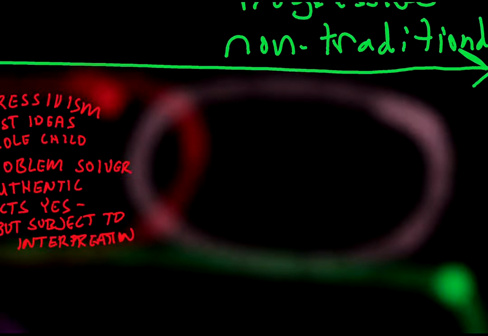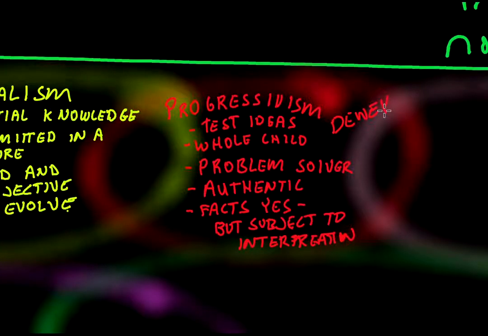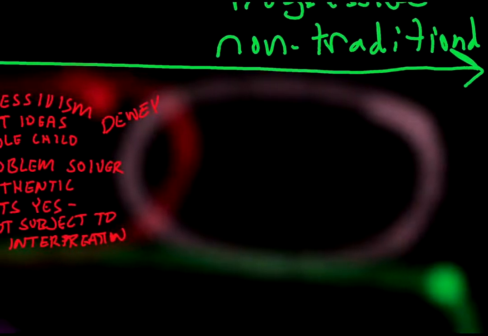But the idea here is that the learner takes information in, and it isn't necessarily fixed information. There are facts, but what those mean are interpreted by the learner. So we're shifting a little bit towards less objective and more about process.